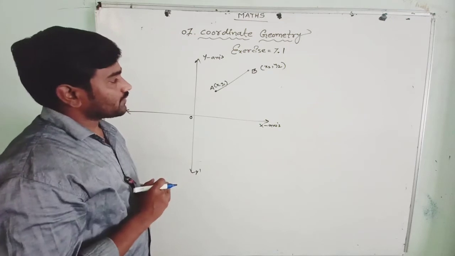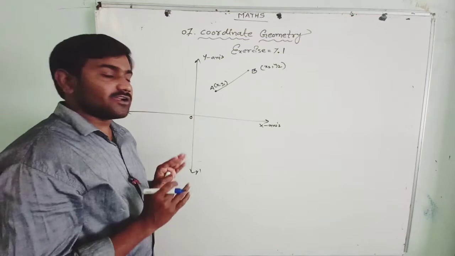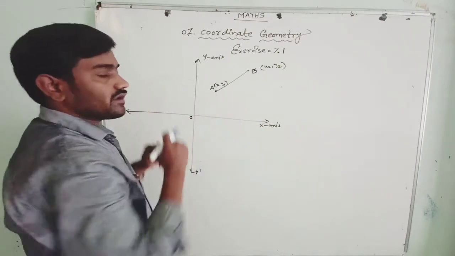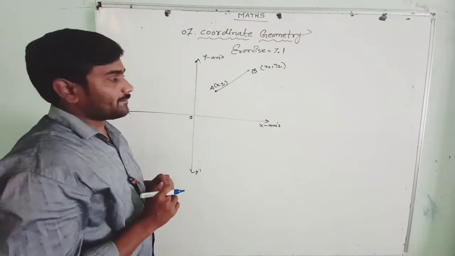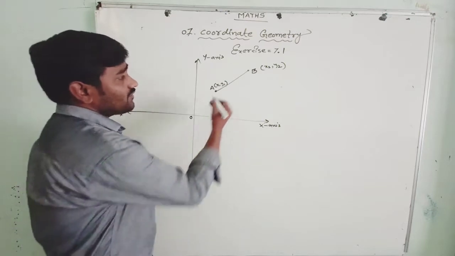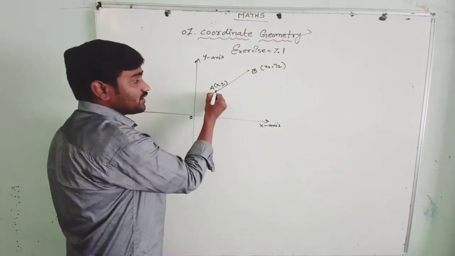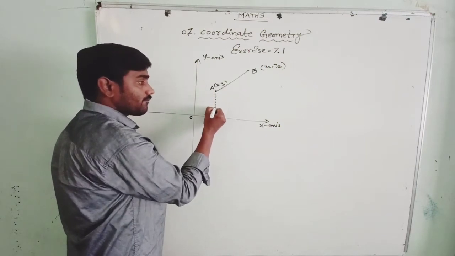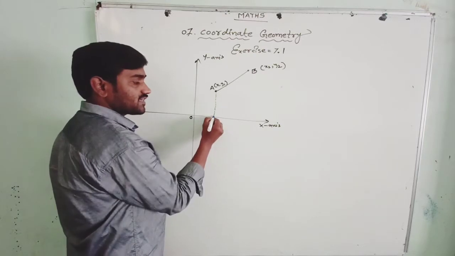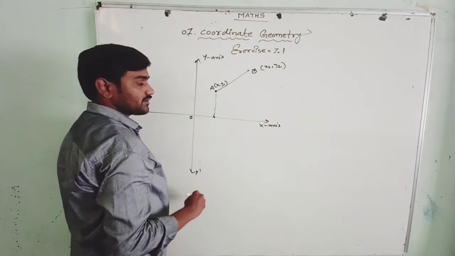So children, now how do we find the distance between point A and B, or between any 2 given points on the graph in this chapter? Let us draw a vertical line from point A to the x axis. It intersects the x axis here.